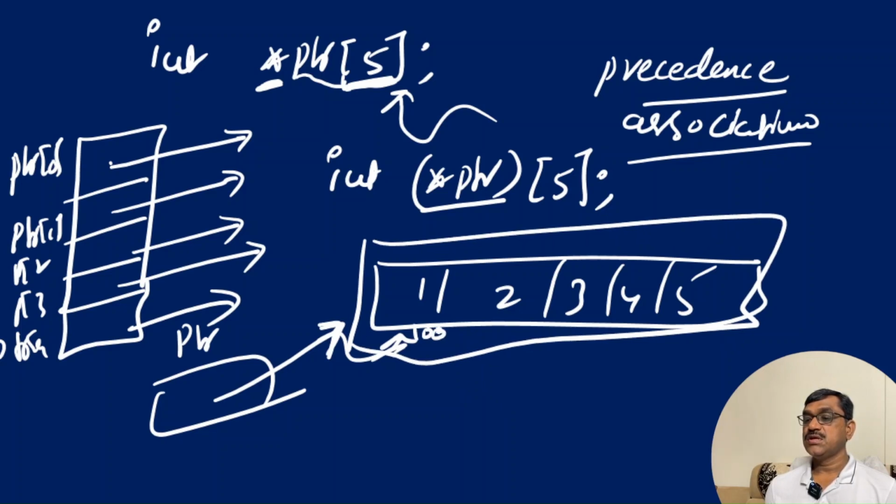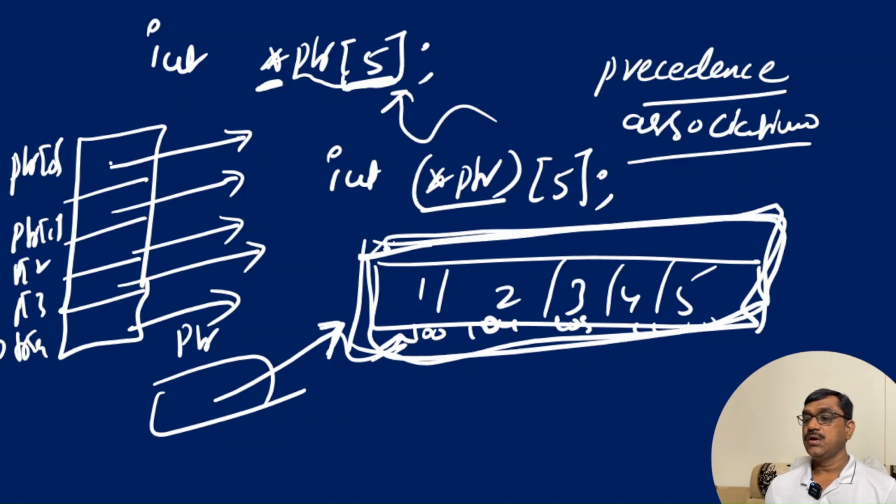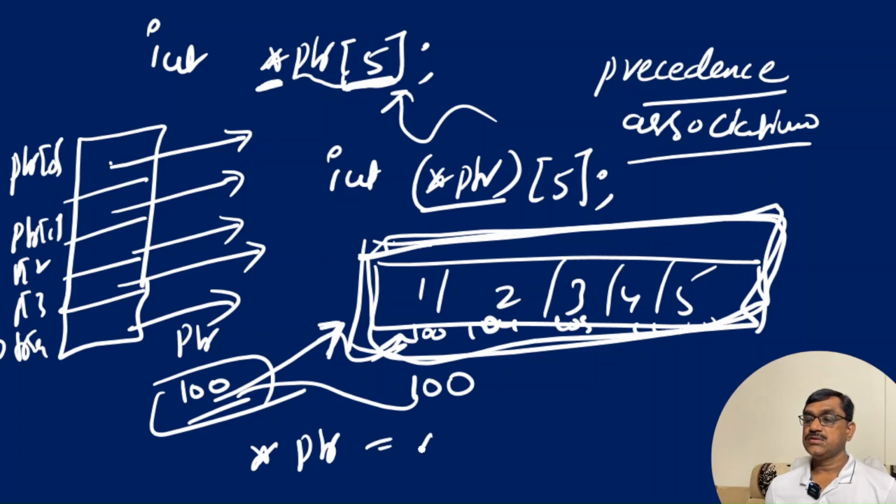Assume that the addresses are 100, 104, 108, 112, 116. Then we are treating this array as a whole, whose address is 100, and this is stored in ptr. Now, if we write *ptr, then *ptr gives 100.